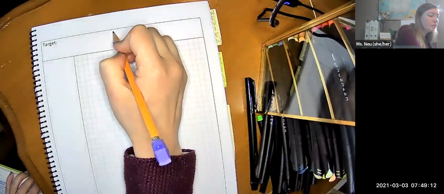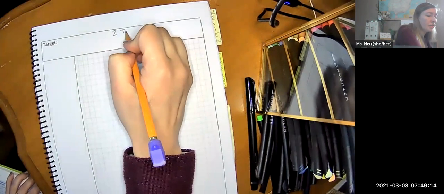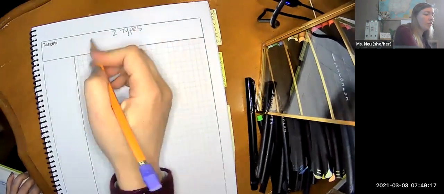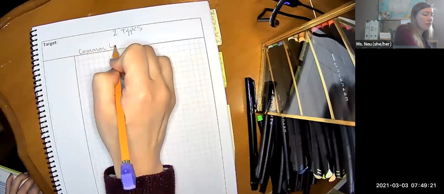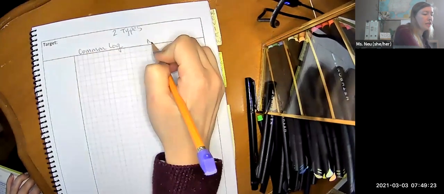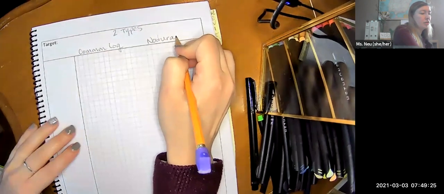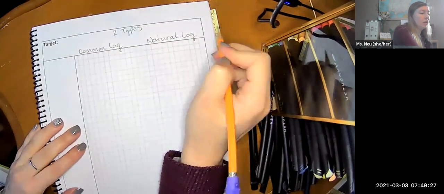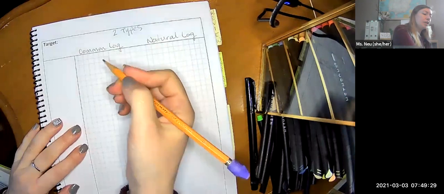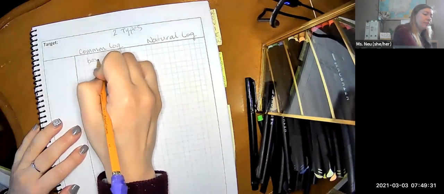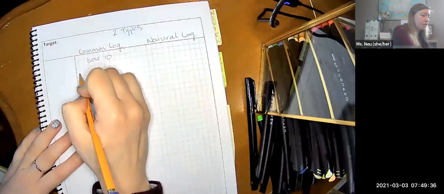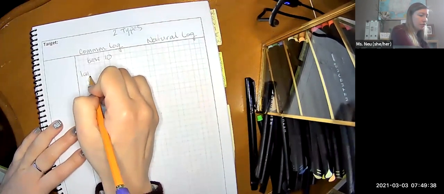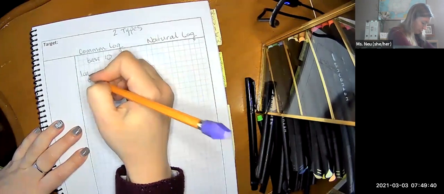Now there's two major types of logarithms. One is the common log, and the other one is the natural log. The common logarithm is base 10. And so we always just write log, L-O-G, of stuff.